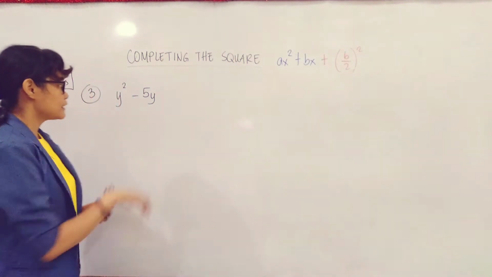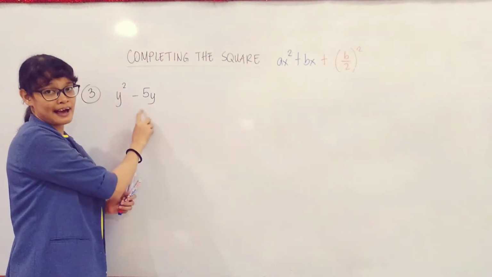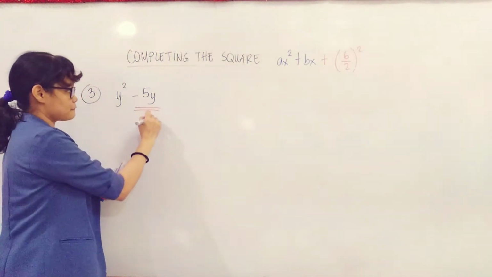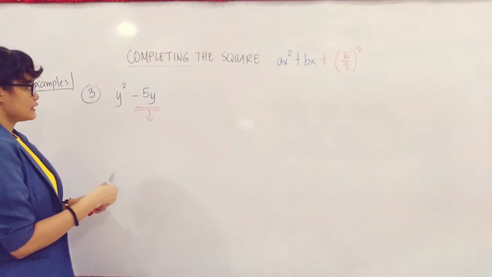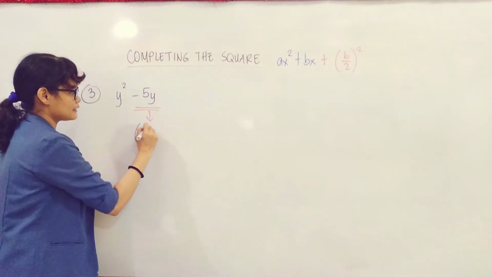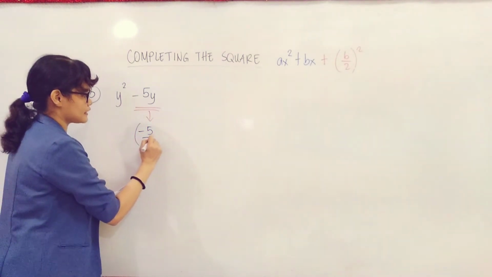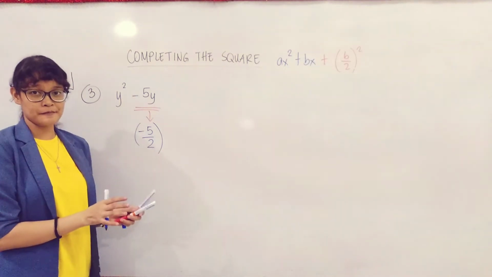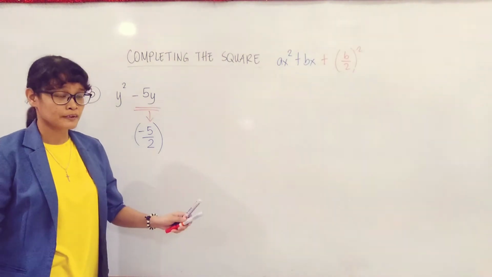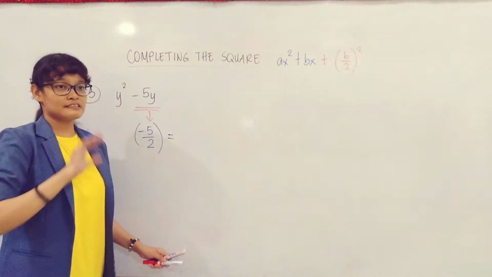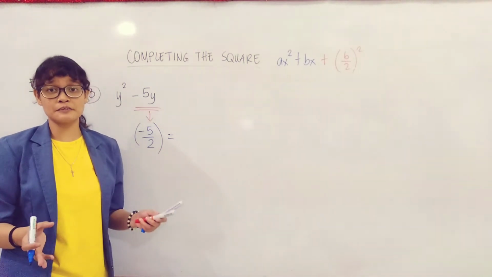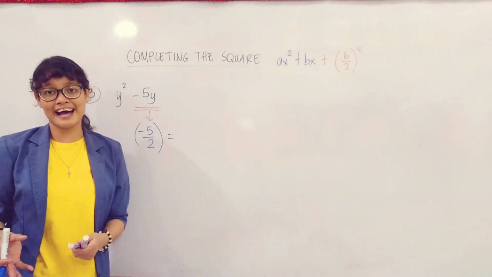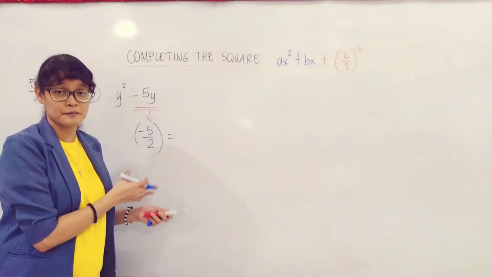Again, first step, so kukunin natin yung kalahati ng middle term nyo. So the middle term is negative 5. So that is, you'll have negative 5 divided by 2. However, negative 5 is not divisible by 2. But I discourage you to use decimals since the value of a fraction is more exact than the decimal equivalent ng fraction.